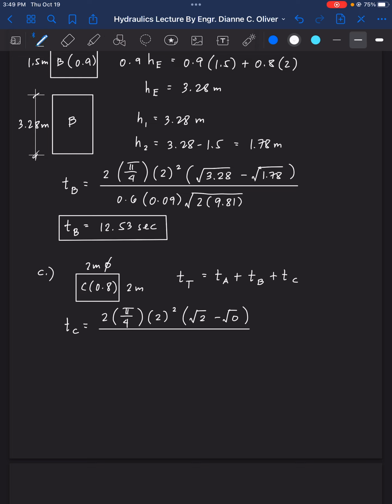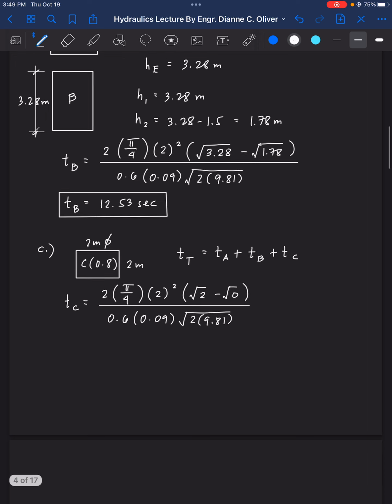Then C, the coefficient of discharge, times the area of the orifice, times the square root of twice the gravitational acceleration.